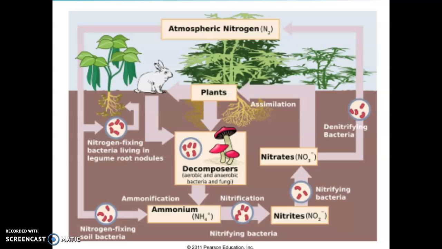One thing that you'll notice in this diagram are the multitude of bacteria that are involved. So biotic processes are essential in order for nitrogen to be able to be used by plants. And so what we have is this process where this ammonium, NH4, that's created from the nitrogen molecule being split and having the nitrogen combine with hydrogen atoms.